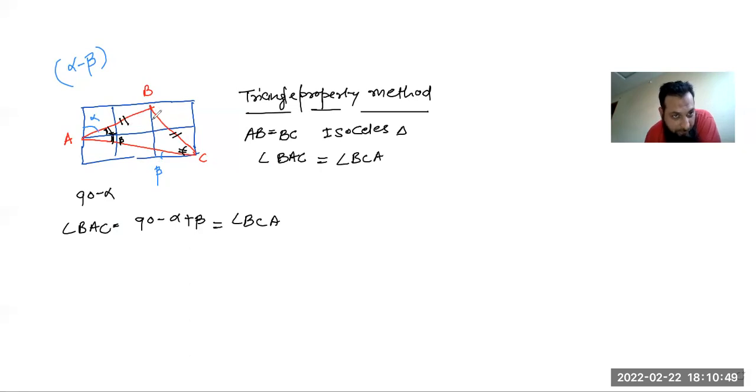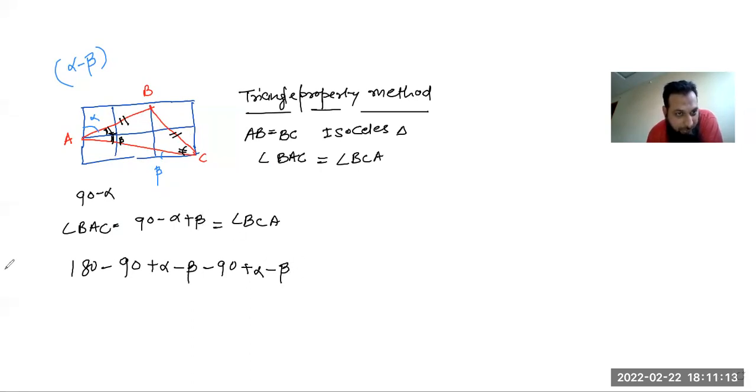So if we want to find this angle, what we have to do is 180 minus this angle, because this is one of the angles, so 90 plus alpha, the sign changes, minus beta, and once again this angle, so it is minus 90 plus alpha minus beta, the sign will change.